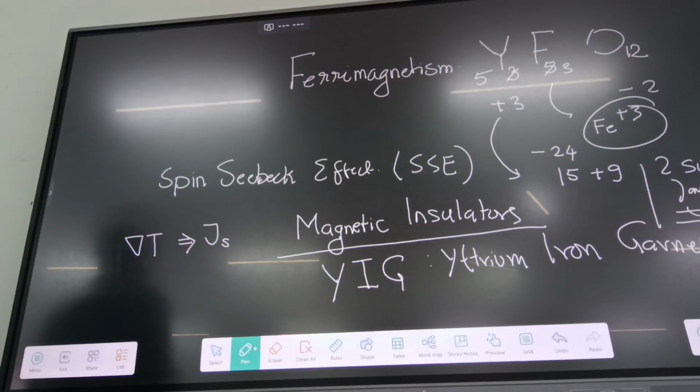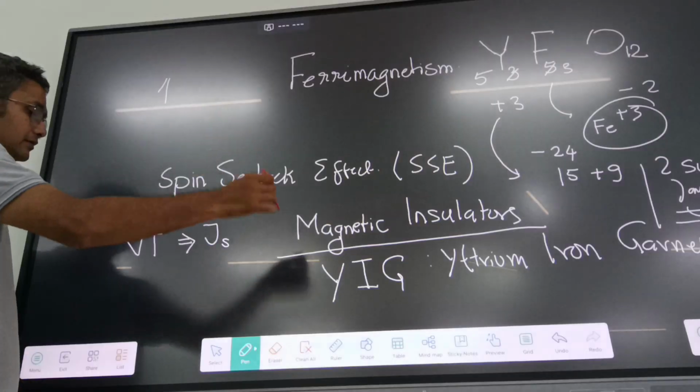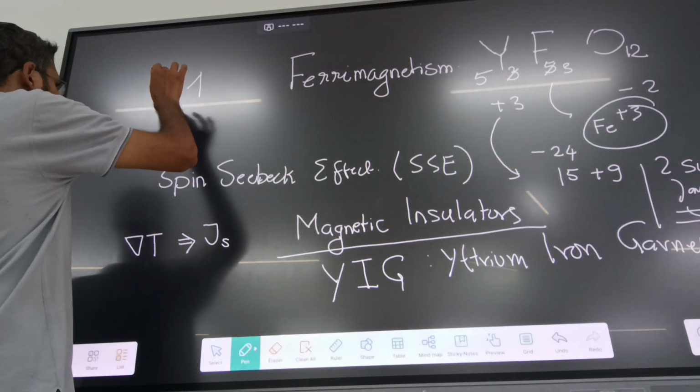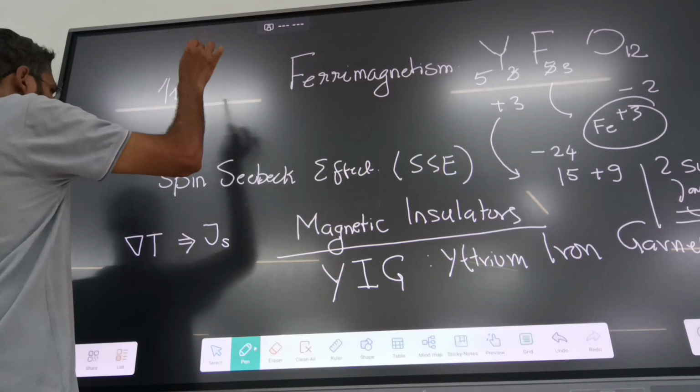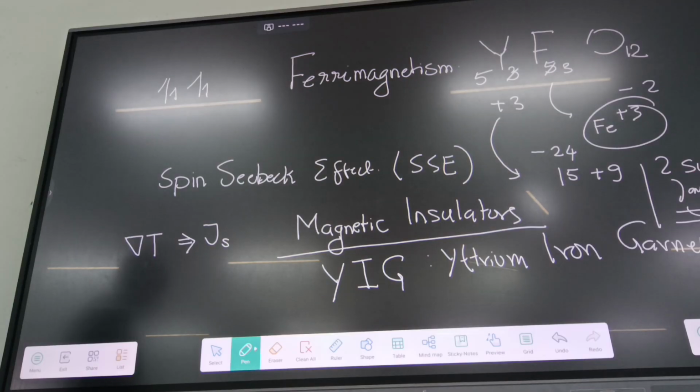मतलब the spins are aligned but one of them is shorter. Spins are aligned. ठीक है, लेकिन यहाँ पर the next spin है one of them is short. Ferrimagnetism. Right.